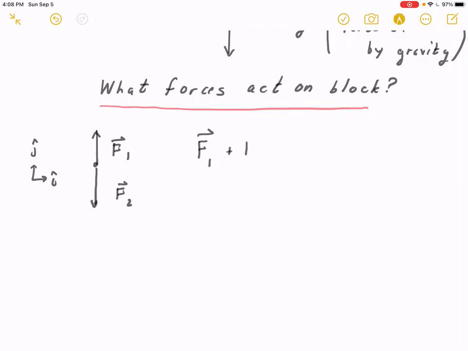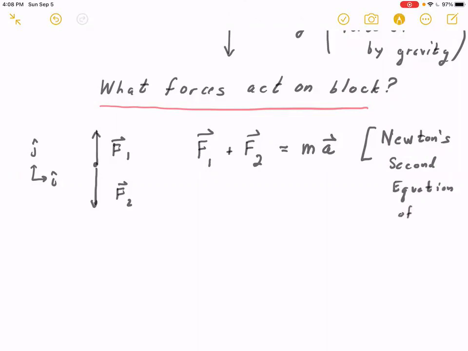So you can add these two forces together, and according to Newton's second equation of motion, they will give you an acceleration, which is proportional to the mass of the object. So this is a vector equation.